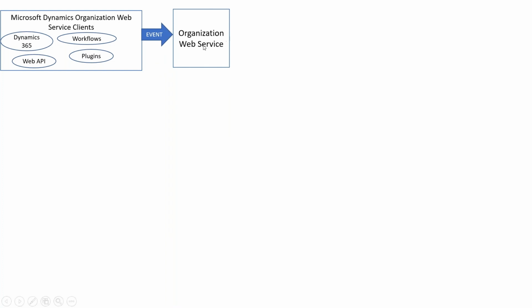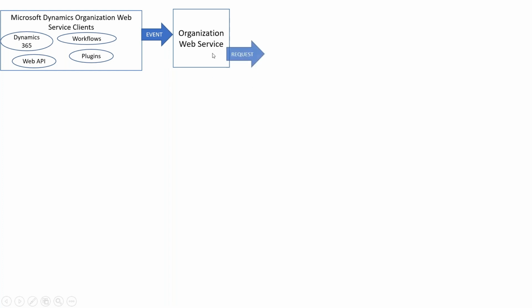What happens to the server when we perform some action? When we take an action on the Dynamics 365 client, it will subscribe an event here. This event will be handled by the organization web service.